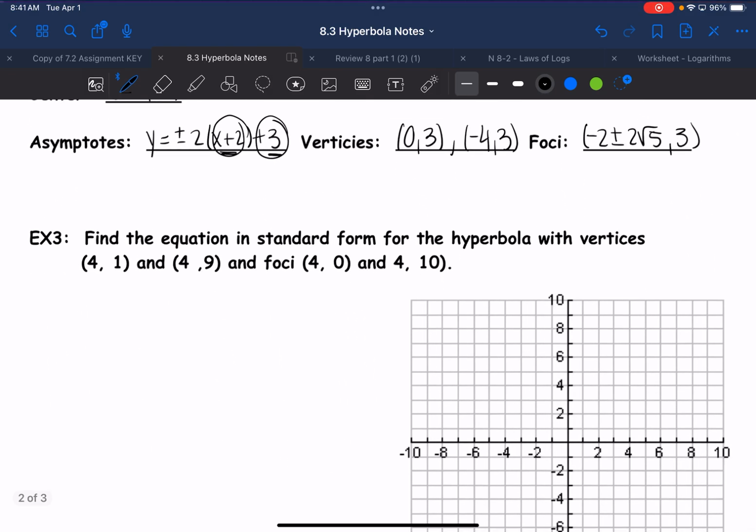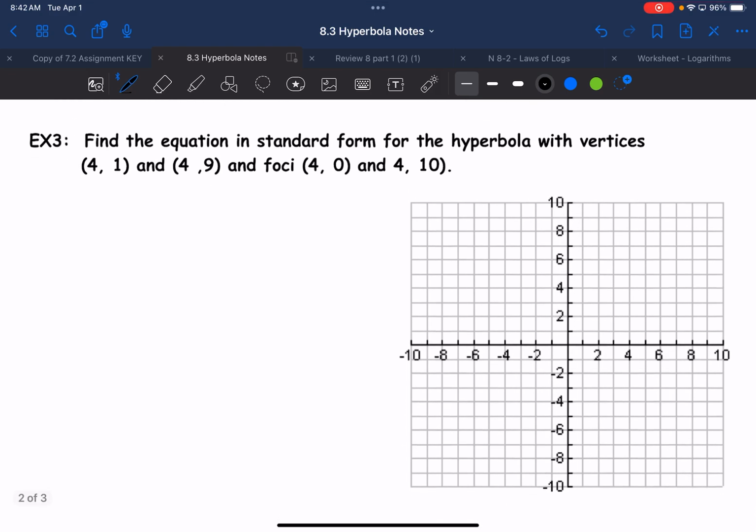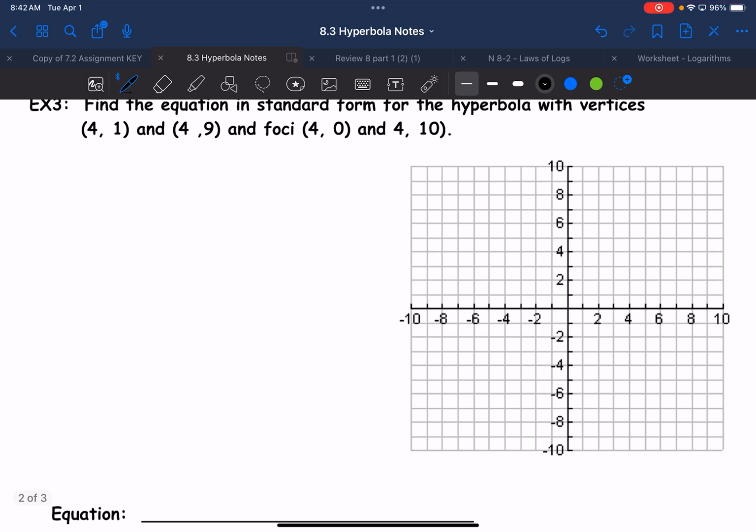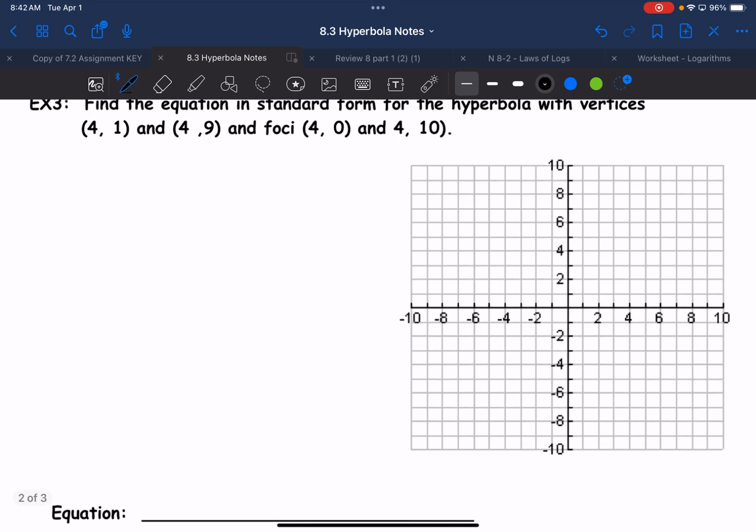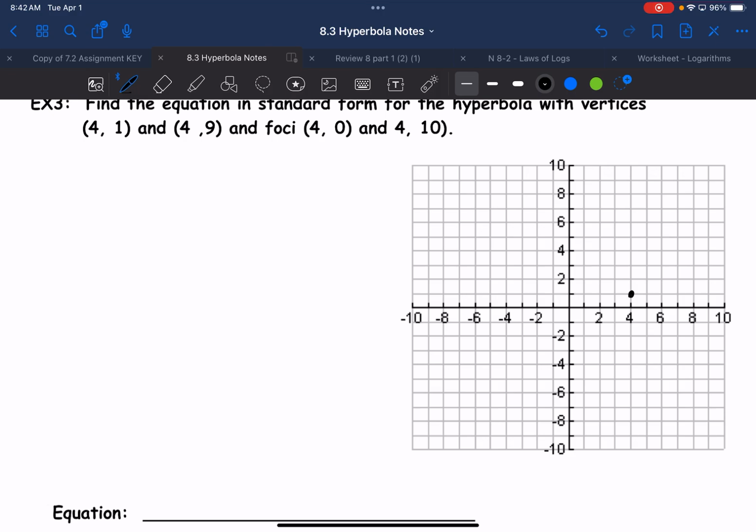This one says we're going to find the equation. They gave us all the points. So instead of deducing the points from the equation, we're going to deduce the equation from the given points. We've got vertices at 4, 1 and at 4, 9. Sorry, I plotted those wrong. 4, 1, that one was right, and 4, 9.